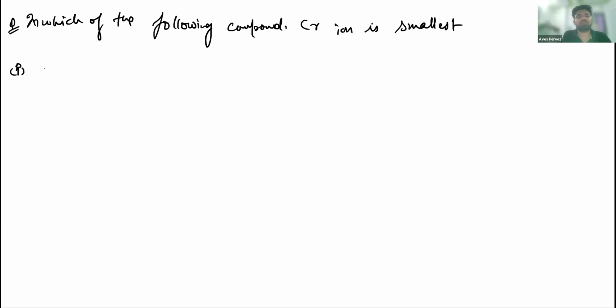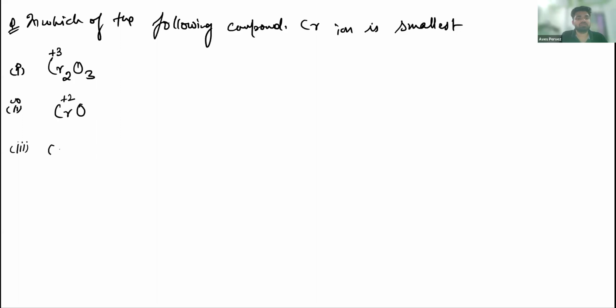Option 1 is K2CrO4, here chromium is going to have a +3 charge. The second is CrO, here chromium is going to have a +2 charge.